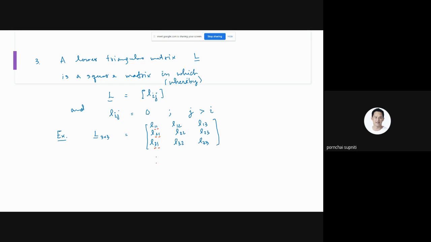So in this case, you will find that for these two, j is less than i, or i is greater than j. So which one has j greater than i, Pure?